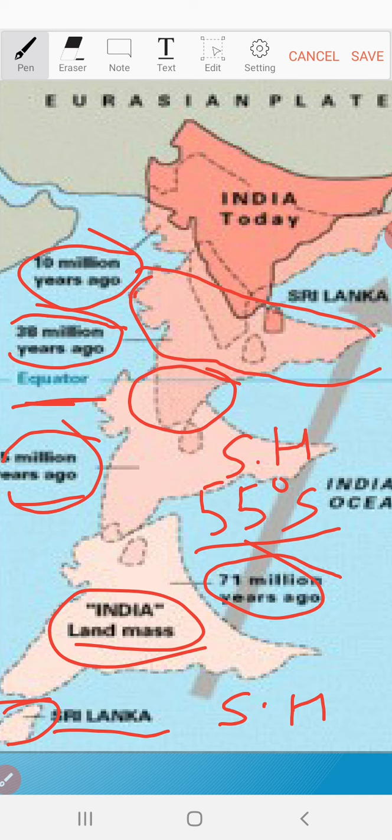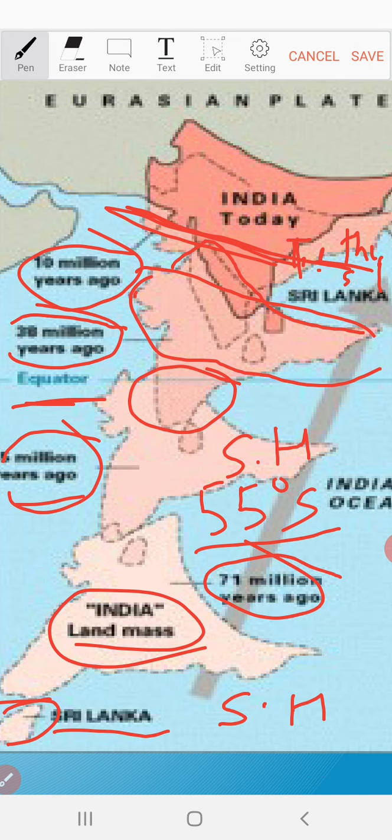Now, let me explain one thing with this picture. You can see that this is the part of India. It has not got attached. So, what is the resultant? You can see this blue color. This part was filled up by water, and it was named the Tethys Sea. Now, Tethys means sea, meaning sedimentation.